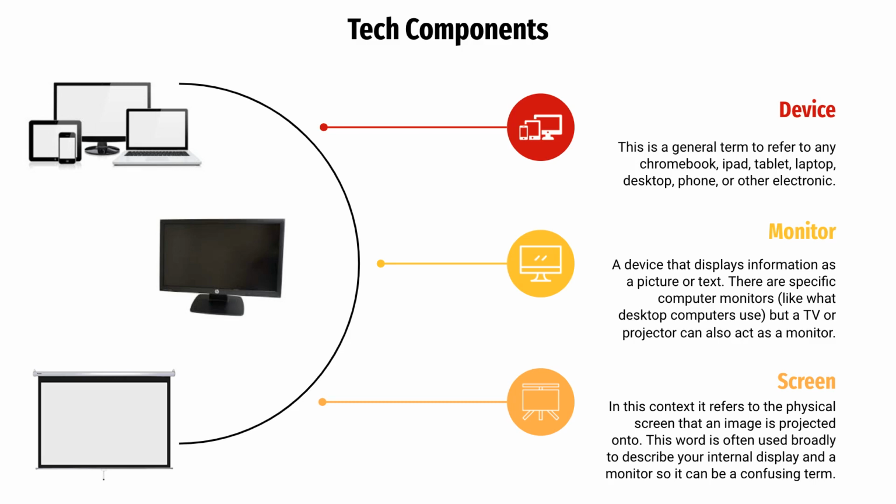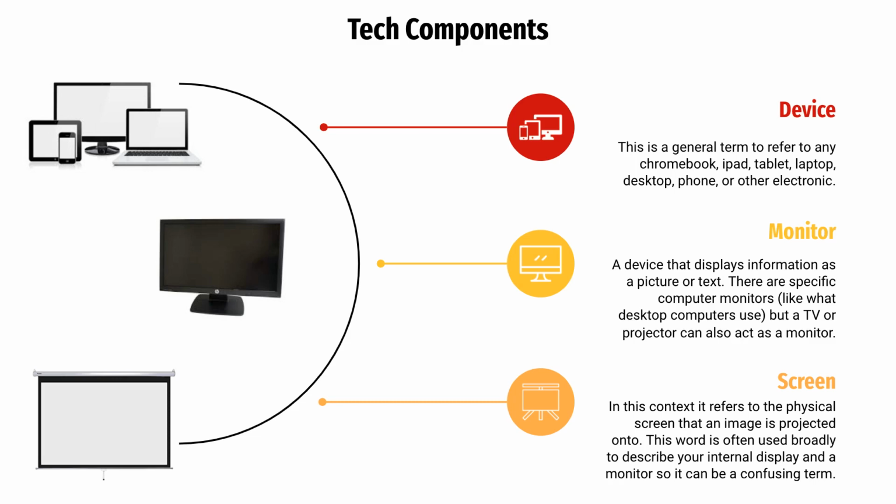Specifically, we're talking about computer monitors, but it can also be a TV or a projector screen or any other visual display device. In this context, we're talking about a screen as the location of where you are projecting an image onto.